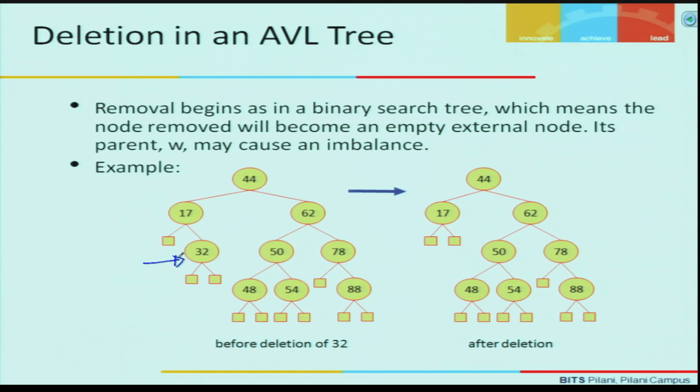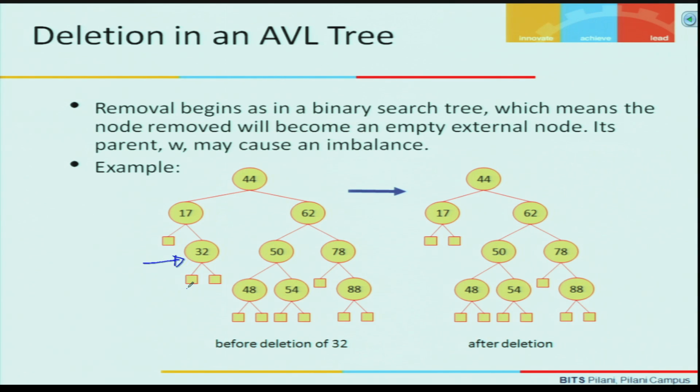Deleting 32 would mean we simply drop it from our AVL tree. So, the resulting tree is shown here. Let us check whether the tree that we have now is an AVL tree or not. That the binary search tree property is still satisfied comes from the fact that deletion is as in a binary search tree.